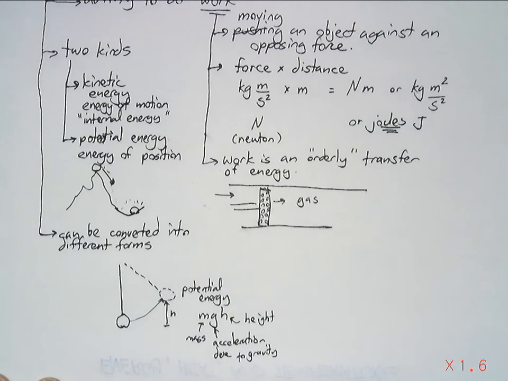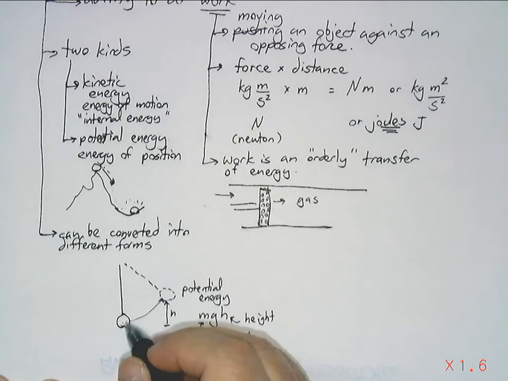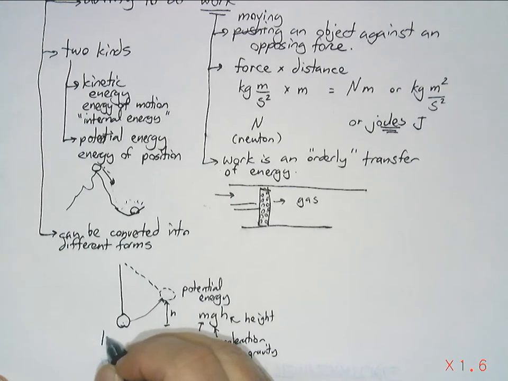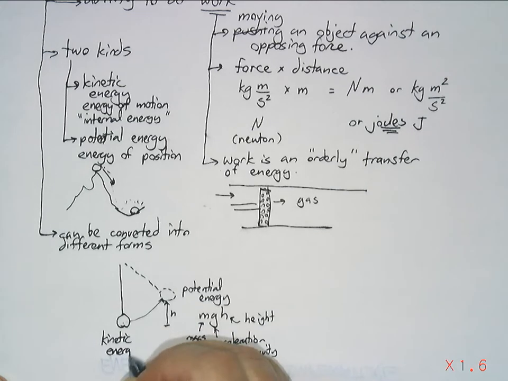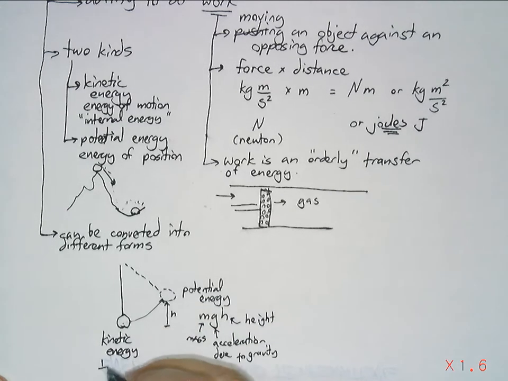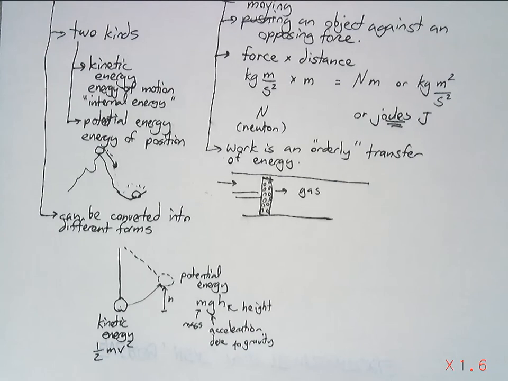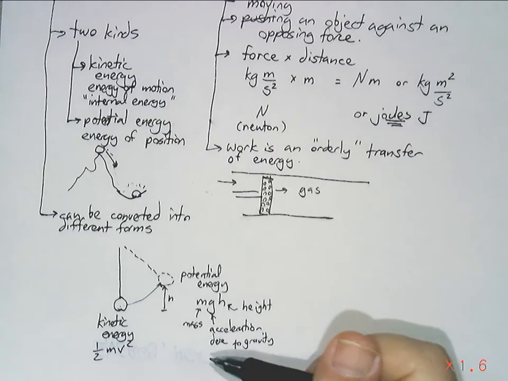Now when you're at the bottom of the swing, all of the energy is kinetic energy, which is energy of motion. And you can calculate that too from the speed that this thing has. It's 1/2 mv squared. We've used that equation a little bit before too.